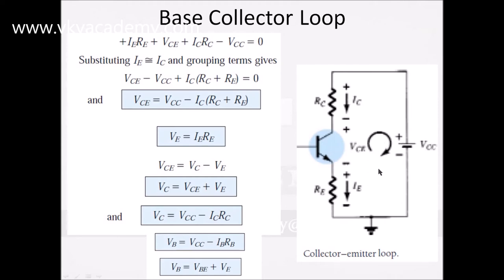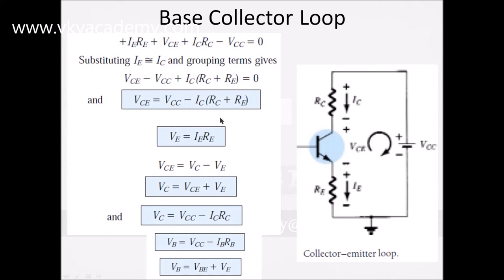As the loop direction is opposite, all these drops are taken as positive and VCC is negative. Now, as we know, the IE current is nearly equal to the IC current, and grouping terms gives VCE minus VCC plus IC (RC plus RE). So I have put IC in place of IE, and VCE will be equal to VCC minus IC (RC plus RE).